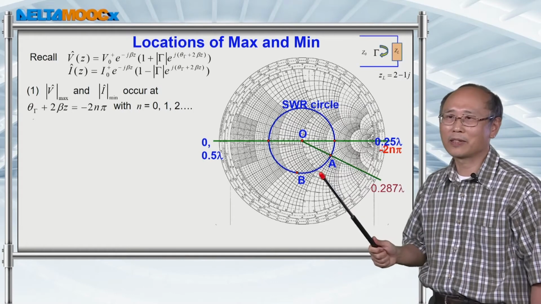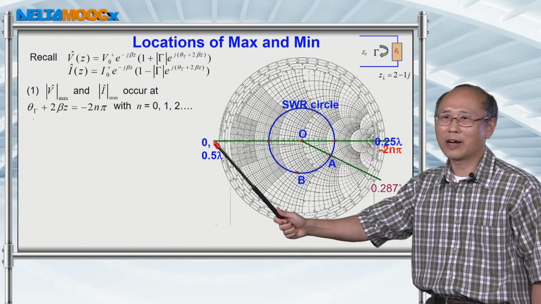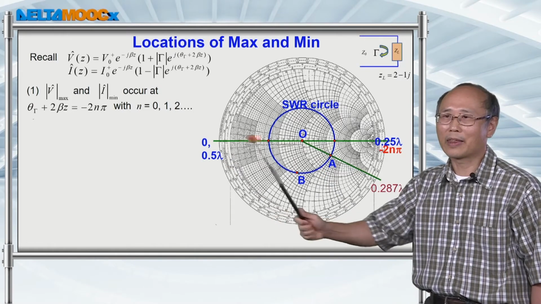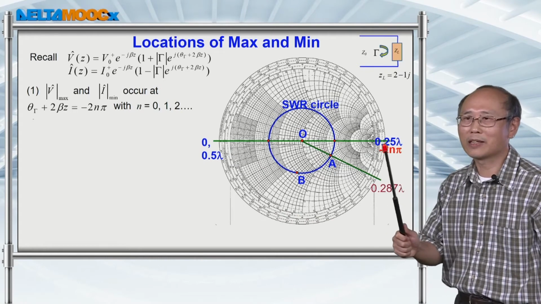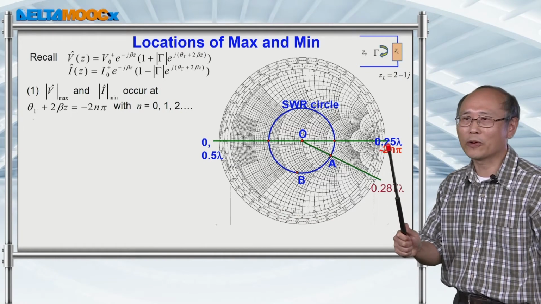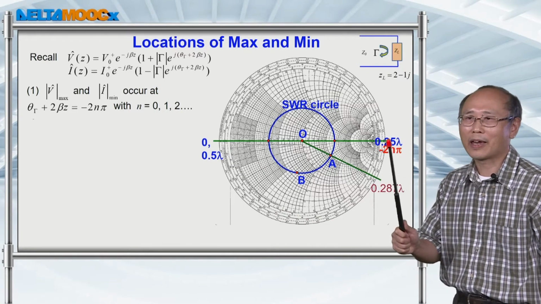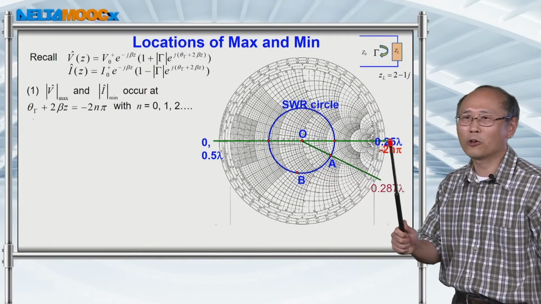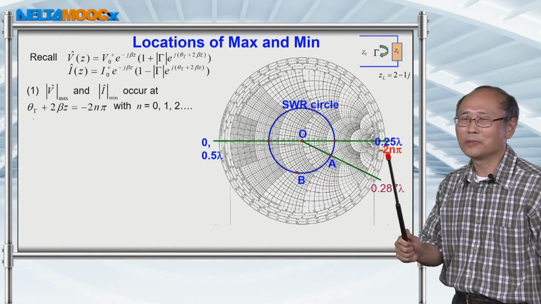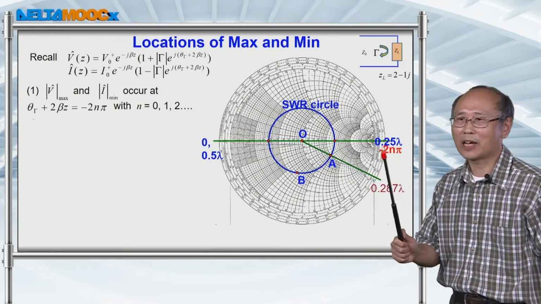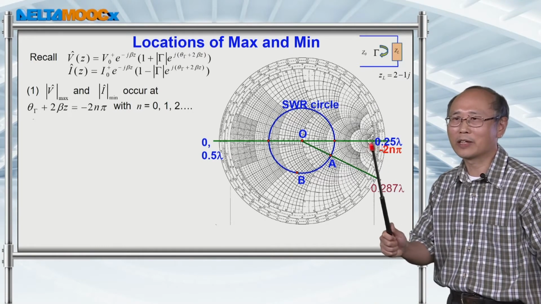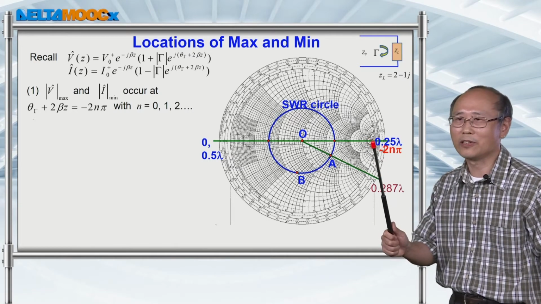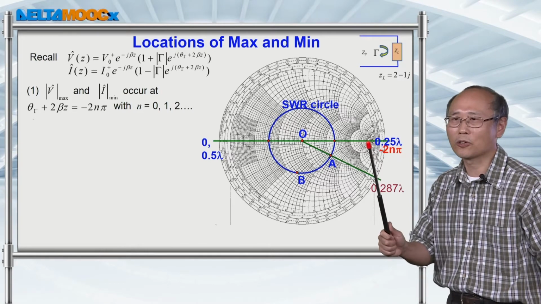And on this plot, the 0 point is here, and as I just said, the quarter wavelength point is here. But in the polar coordinate system, the angle starts from this point, and so the 0 angle is here, and 2π angle is also here.